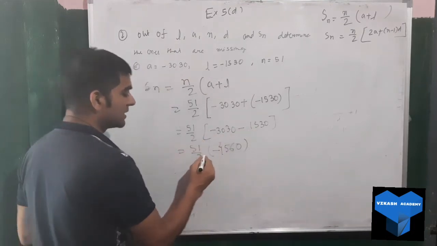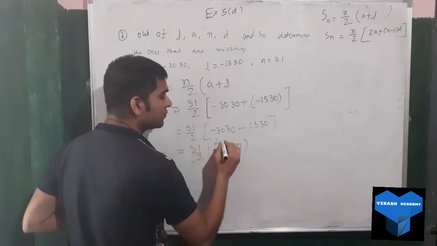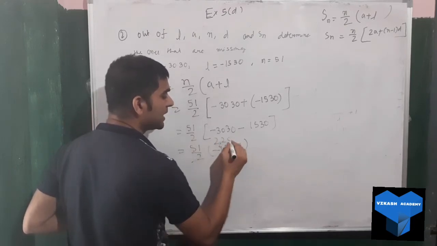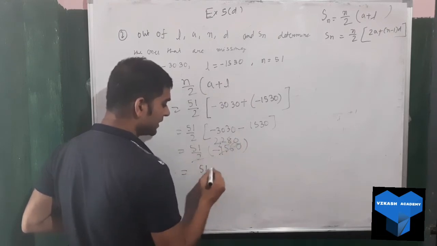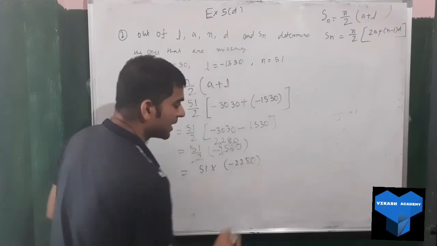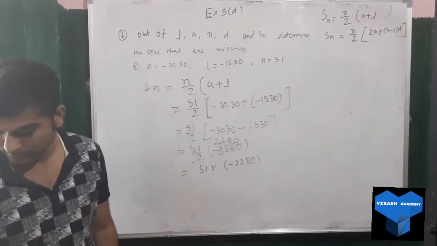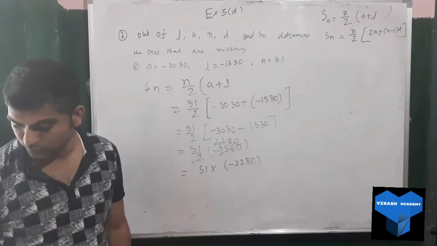Correct, right? And cancel with the 4 by 2. 2 2s are 4, then 2 2s are 4, then 1 6 8, it will be 0, right? We are getting here 51 into minus 2280. For this question we got 51 into minus 2280.